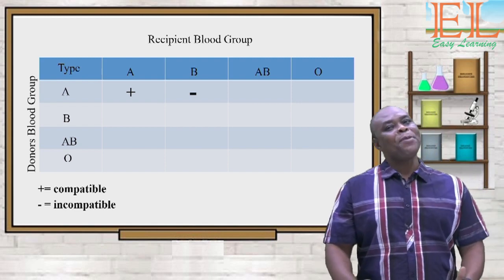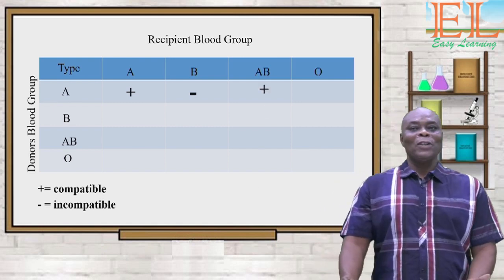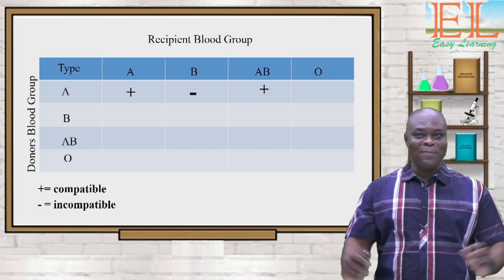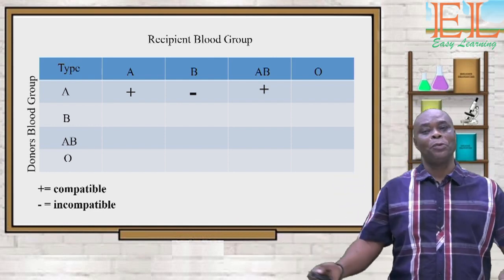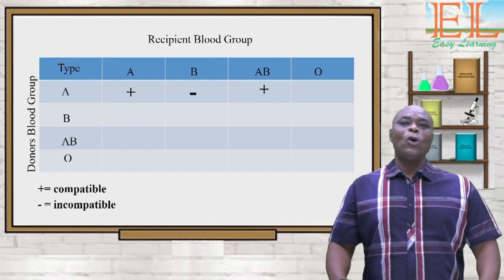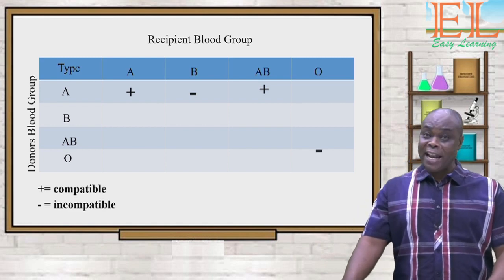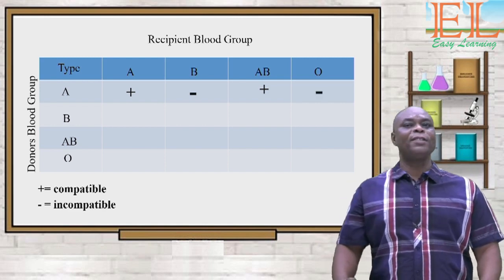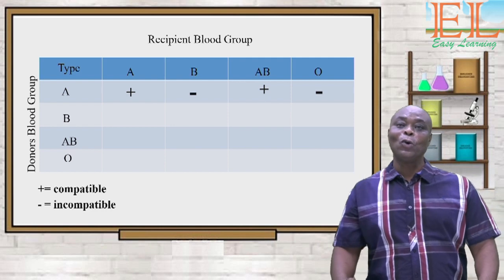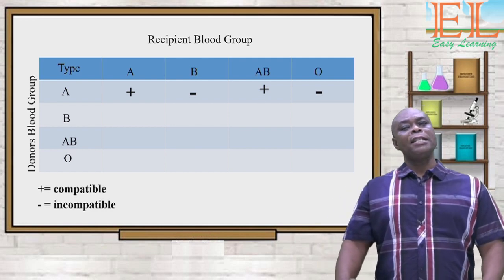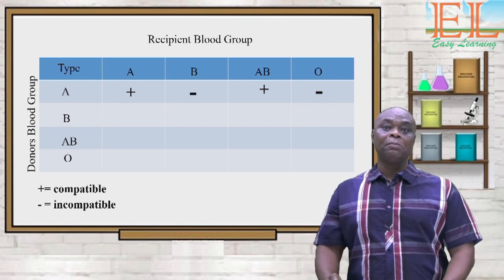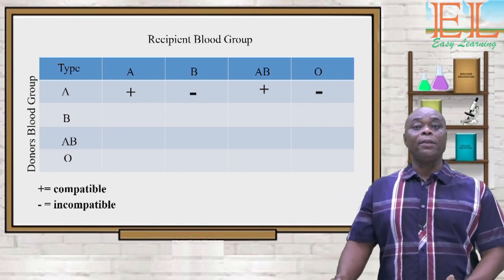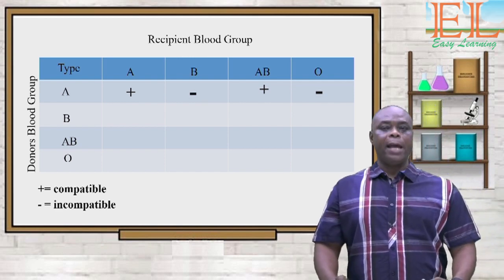AB receives from O because it doesn't have any antibody. Yes, AB is free to receive, selfish group. O cannot receive from any of them, so A cannot donate to O because O has both antibodies A and B. So when A goes in, there will be a problem.